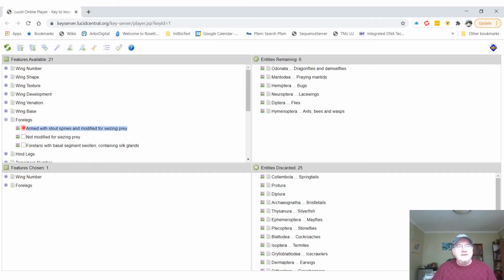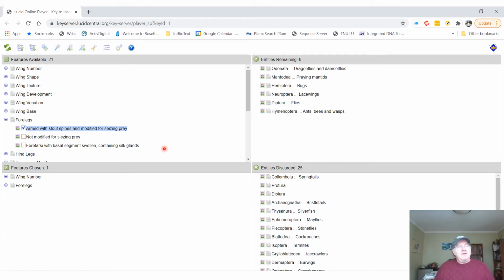I've clicked on that button, and now you see that these two boxes have shifted. Now 25 of the orders of insects have no species that have forelegs modified for grasping prey, but there are 6 orders up here that do have forelegs so modified.